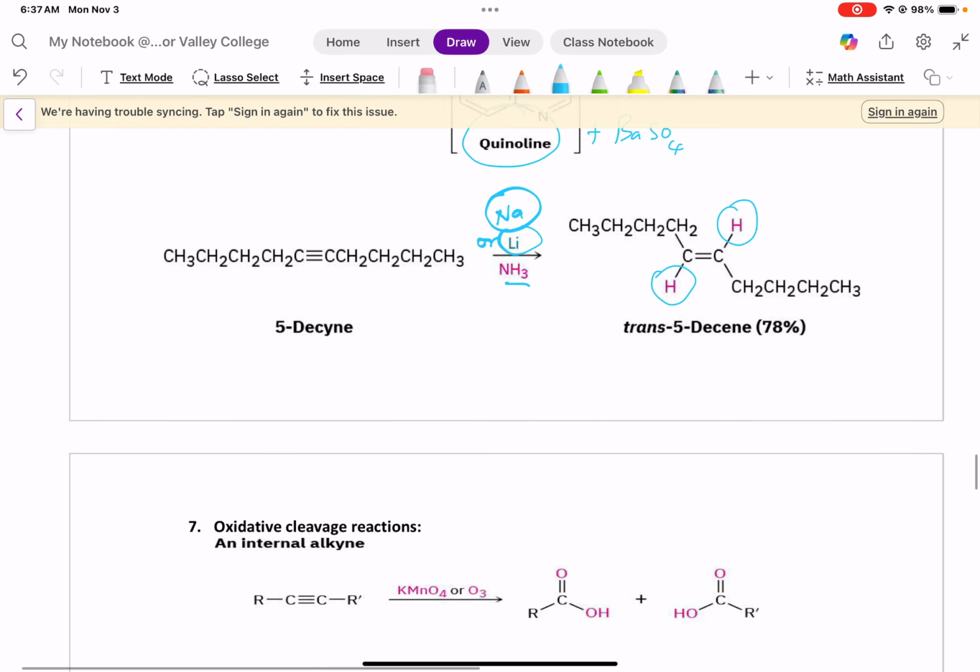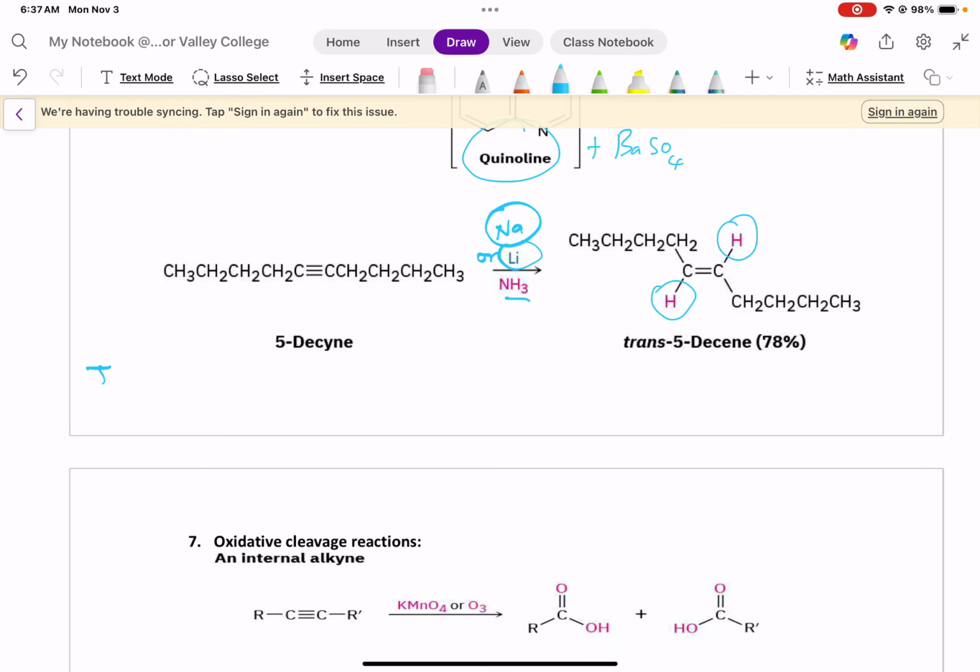Okay, so in summary, if we have a triple bond, if we do just hydrogens and platinum or palladium, we got alkane.